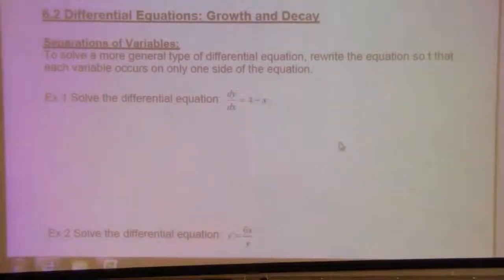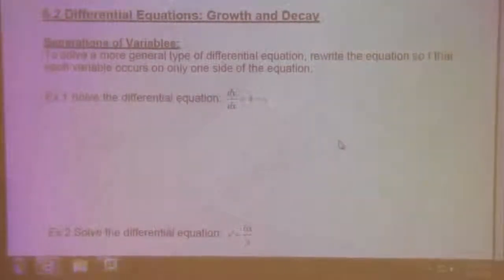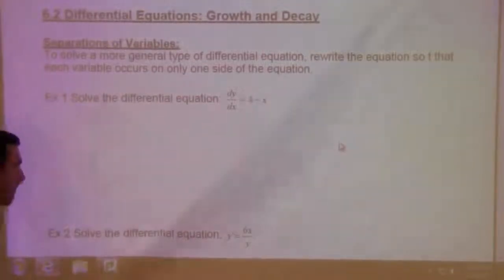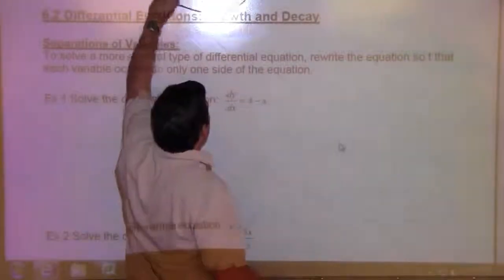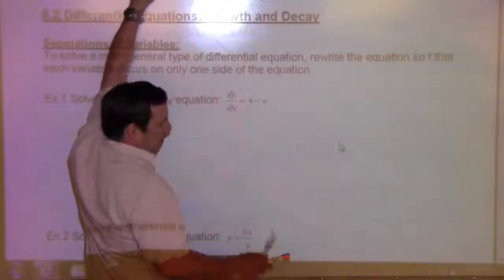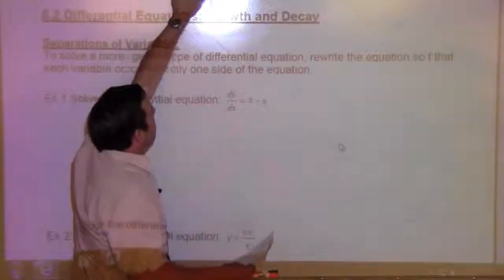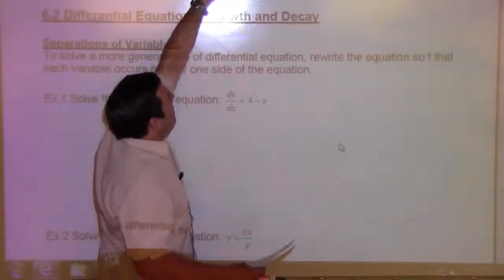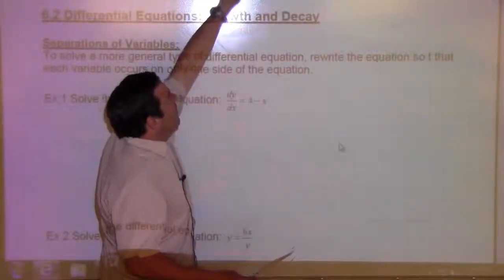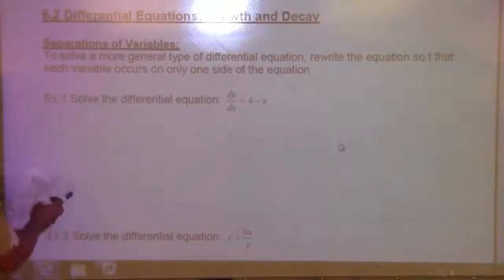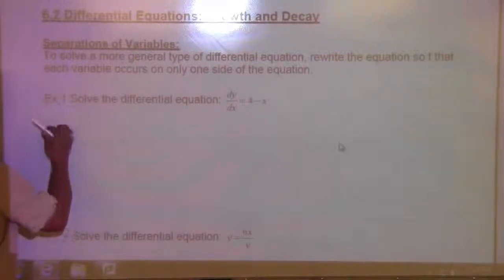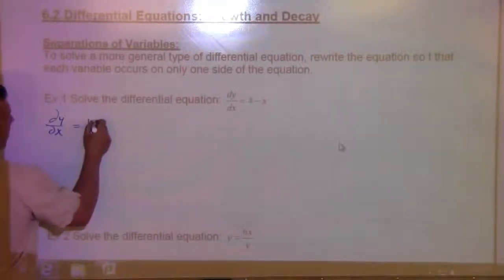But here we are with example 1. Solve the differential equation dy/dx equals 4 minus x. So this is the procedure for it. Some people would probably view this and say, well, that's not exactly right, but this is how we go about it. We have dy/dx equals 4 minus x.